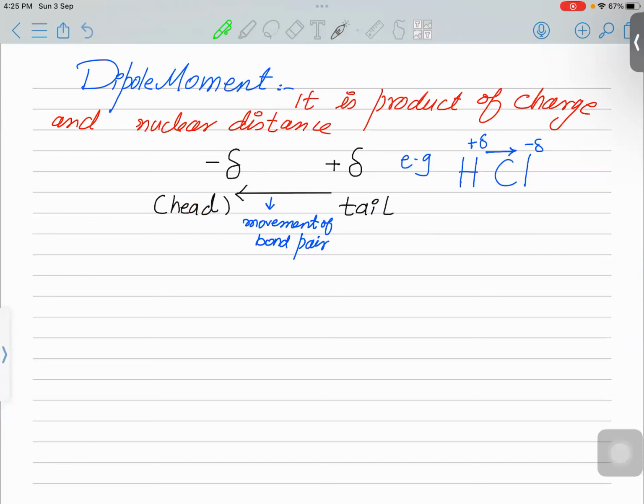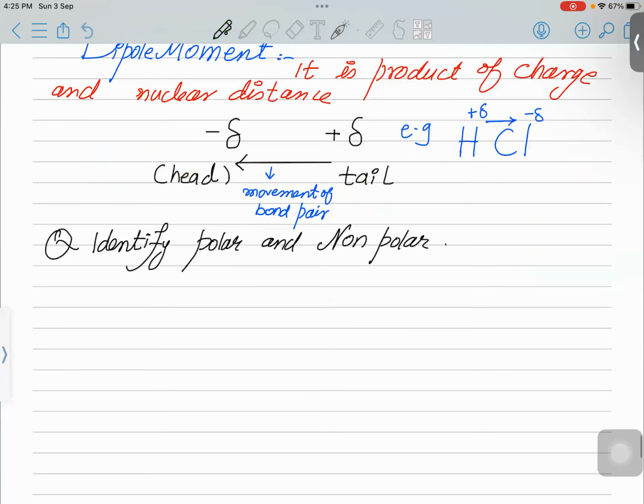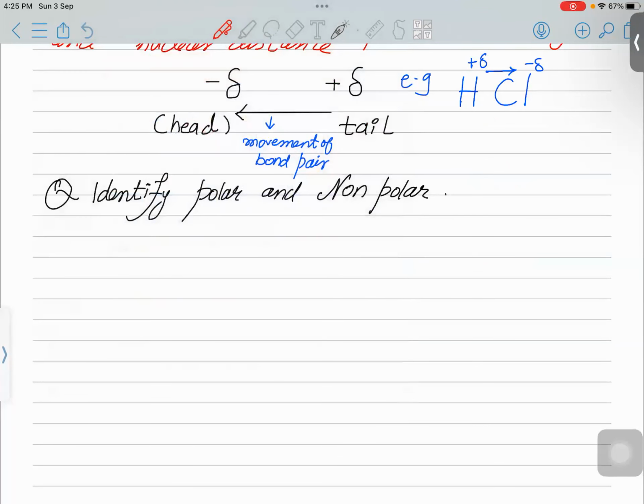Now, next question is to identify polar and non-polar. Isa, is this compound polar or non-polar? If you have a FON club, then the compound may be polar.